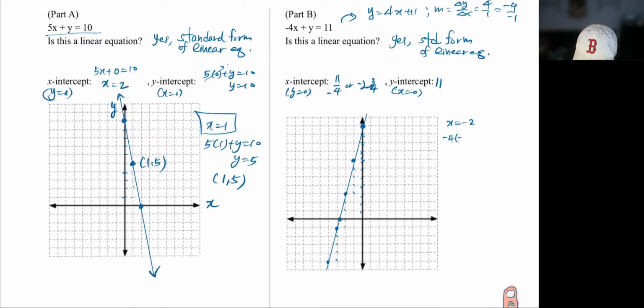Negative 4 times negative 2 plus y is 11. That's 8 plus y is 11. y should therefore equal 3. So we should have negative 2, 3 as one of the coordinate points. Negative 2, up 3, 1, 2, 3. Check. All right, so that is this one. Yay, we're done.